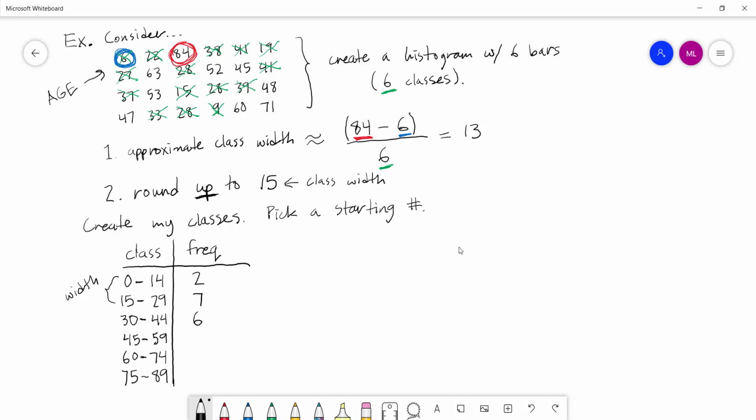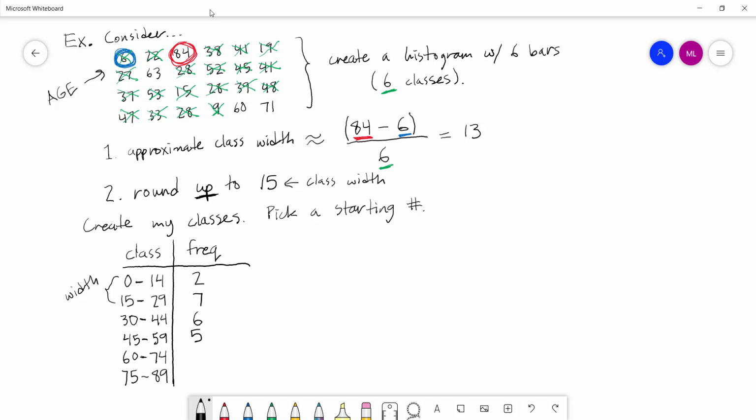Hopefully I'm not missing any here. Go through again. Now I'm looking for numbers between 45 and 59. Here's the first one, 1, 2, 3, 4, 5. I counted 5 of them.